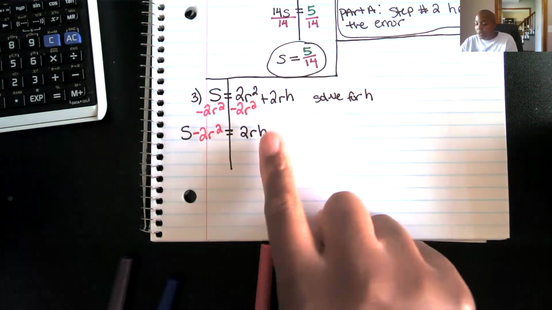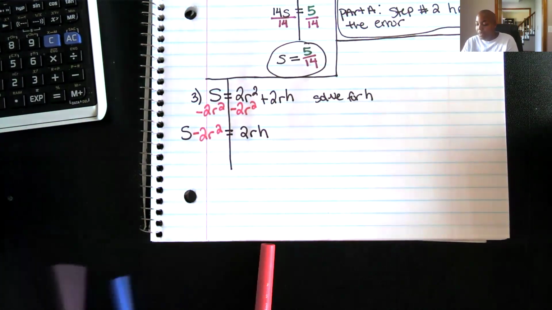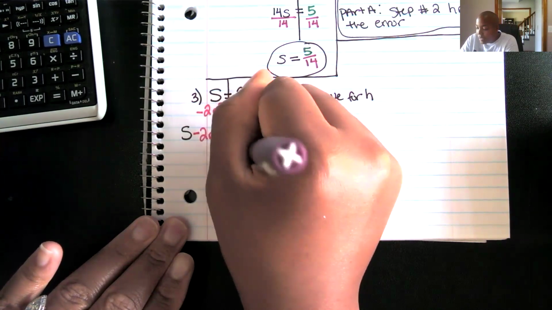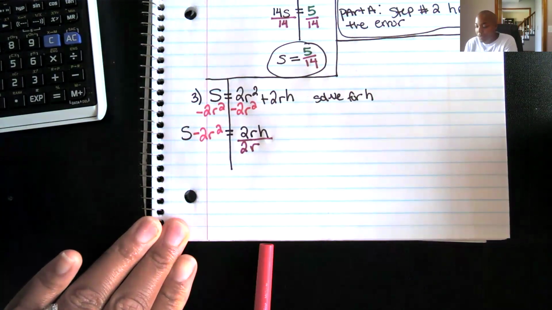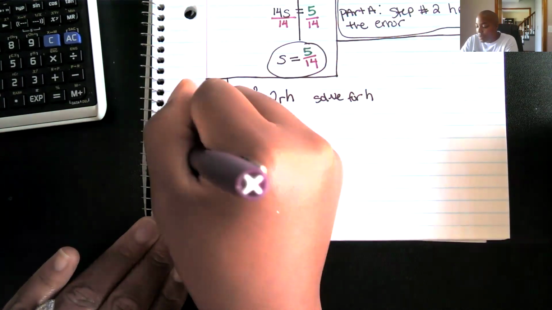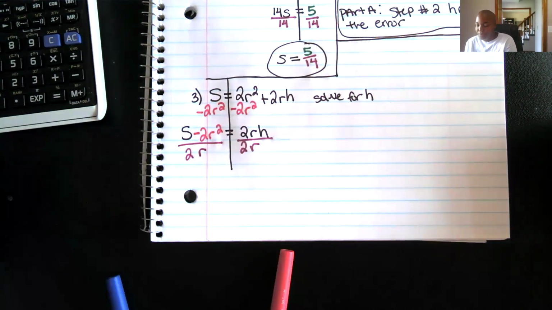We're solving for h, so h is going to stay. All of these are being multiplied, so we just have to do the opposite of multiplication, which is division, to get rid of the two terms we don't want. We don't want the 2 here, we don't want the r here. So that's what we're dividing by, 2r.